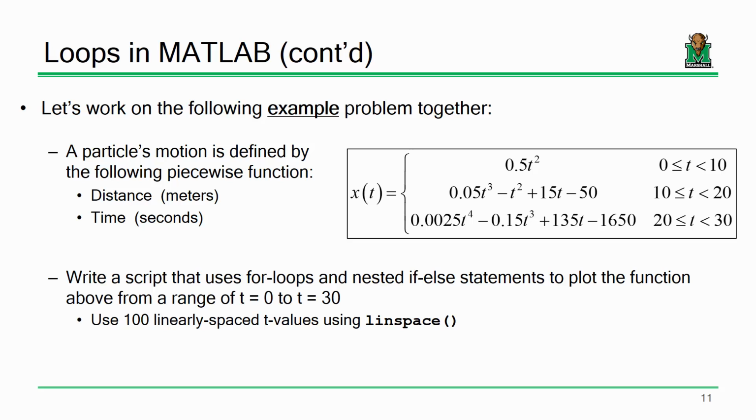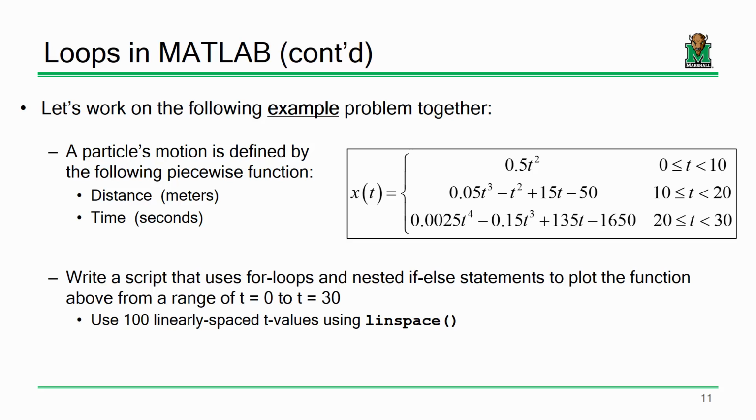Now, you're also going to have to create an empty vector for all of the values to be stored in. And so you're going to use the zeros command, where we have from 1 to 100, meaning that if you've got 100 time steps, you want to have 100 elements inside of your distance vector.